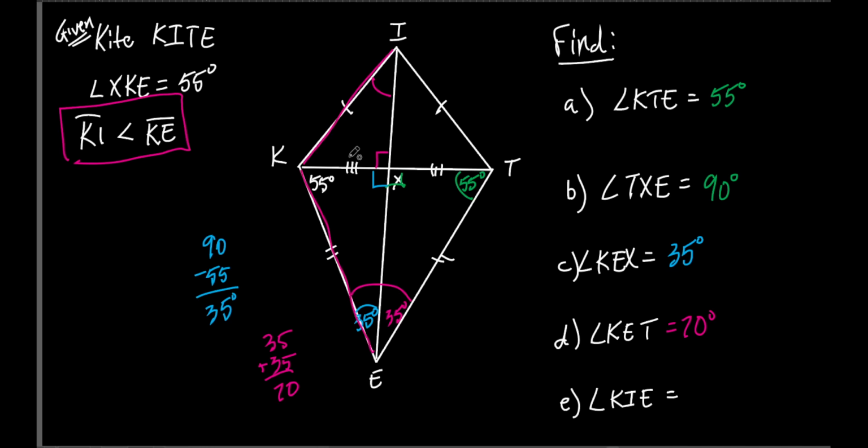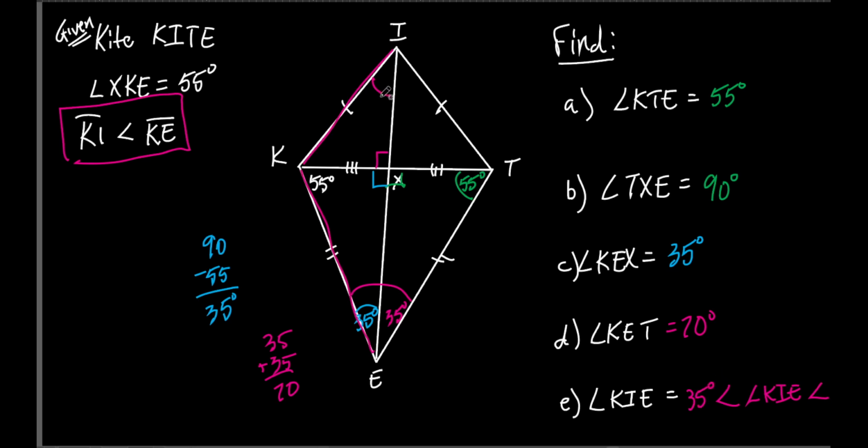Oh, my bad on this. I'm going to have to look at it and then come back to you tomorrow about that. But I'll give you the answer. Angle KIE is between. This is how we do between. So it's got to be greater than 35 degrees, and it has to be less than 90 degrees.